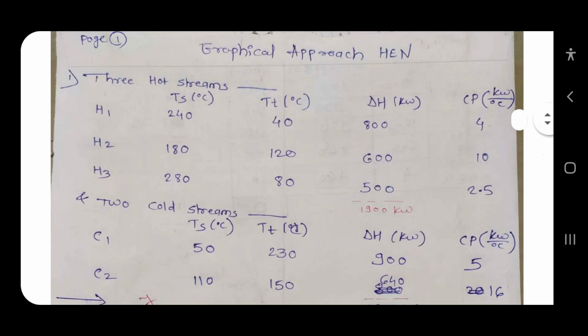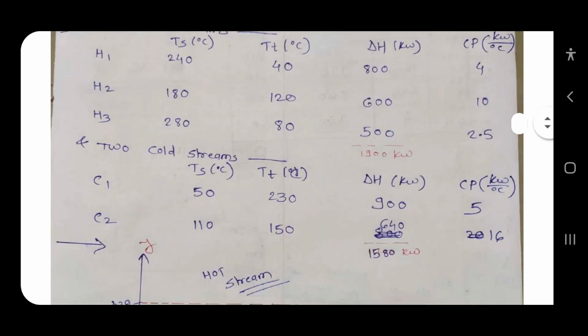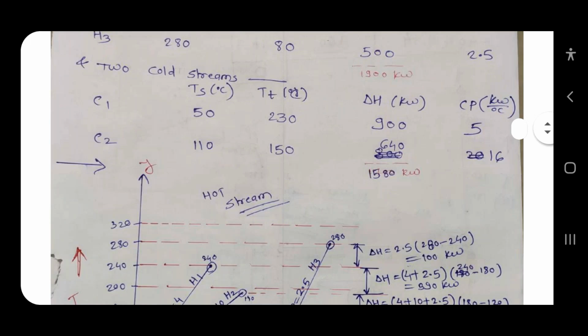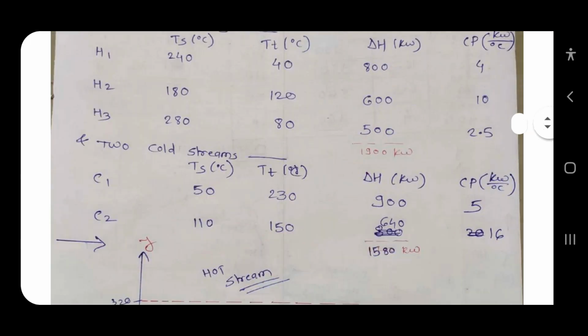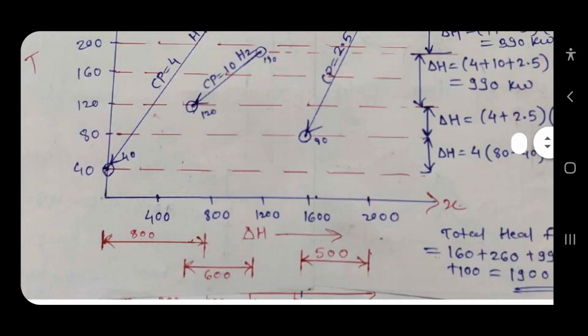Next, 180 to 120, with delta H of 600. I will keep my delta H only 600. I did not start this line from 600 on the bottom x-axis, because the range between the two temperatures is nothing but 600.